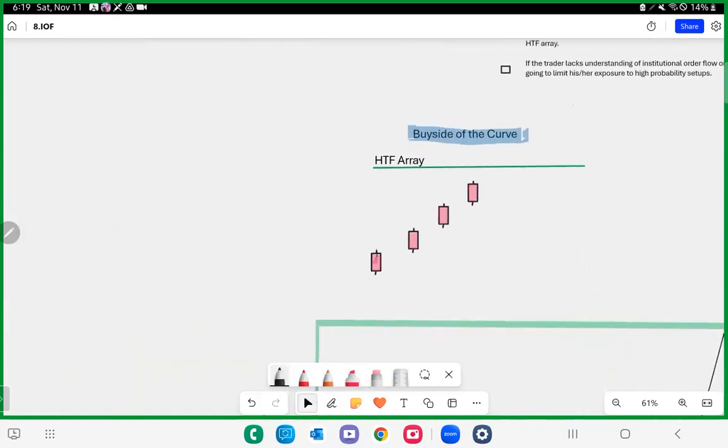So as this market is trading higher, it goes here, comes out of that, goes back down here to the extent of that down close candle. Same idea, back down to the extent of that down close candle here, back down to the extent of that down close candle, and then price reaches the higher time frame array.